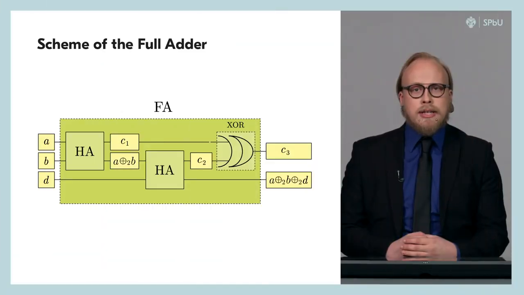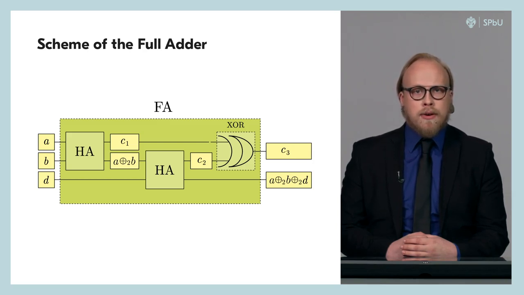The slide that you see now shows a scheme of the so-called full adder, which not only adds the numbers a, b, but also takes into account the carry bit d from the last step. That is, actually adds a, b, and d. The adder presented on the slide consists of 2 half adders and 1 XOR element.